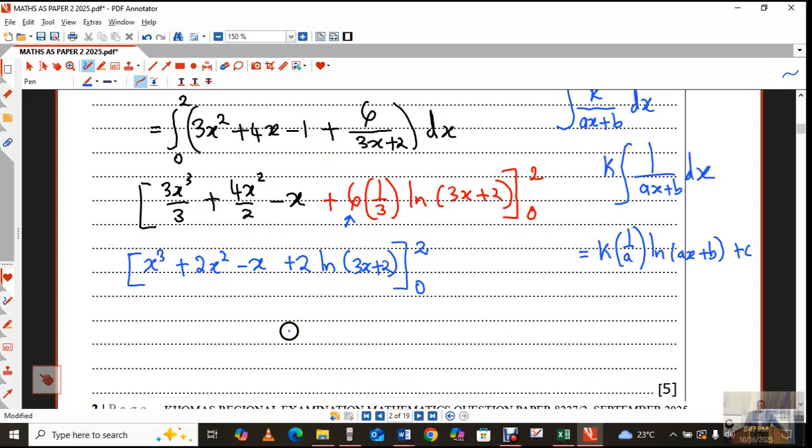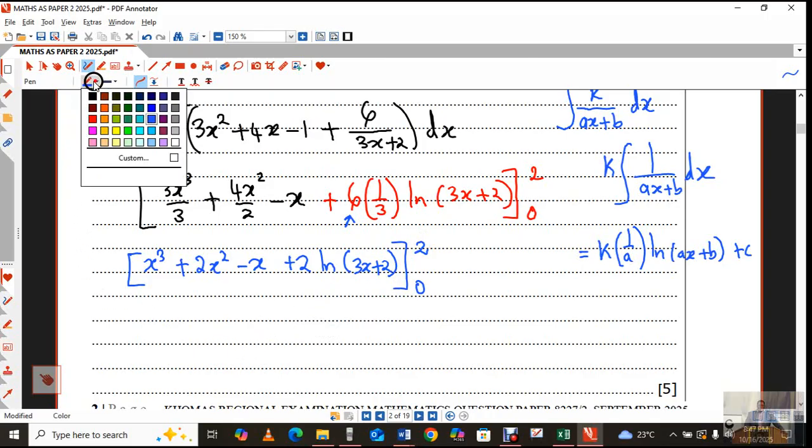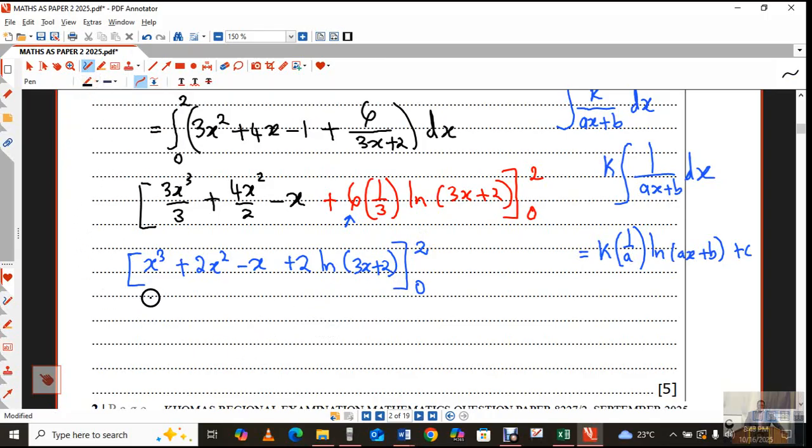So we can actually go ahead and input the values. Starting with the upper limit, that is 2 cubed plus 2 times 2 squared minus 2 plus 2 times the natural log of 3 times 2 plus 2. Okay, all of this we're going to subtract with the same thing.